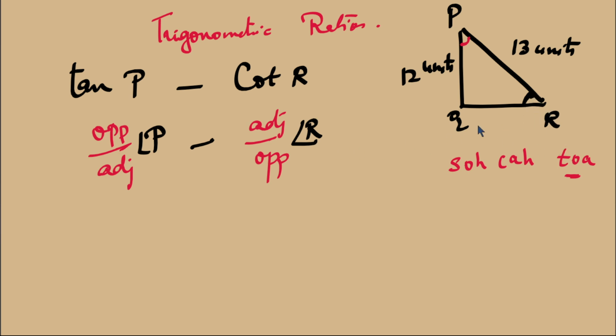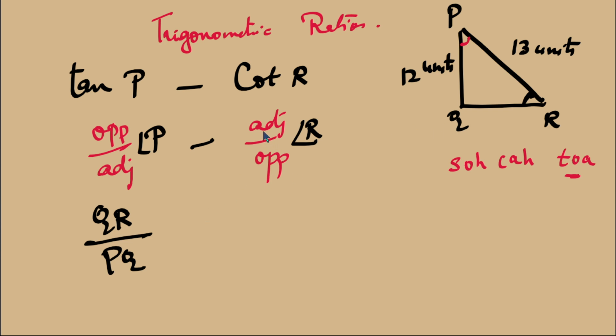So what is opposite by adjacent of angle P? The opposite side is QR. Let us talk in terms of the names, the line segments. The opposite is line segment QR and the adjacent is line segment PQ. And this is with respect to the angle at P. And now with respect to angle at R, we need the adjacent side first.